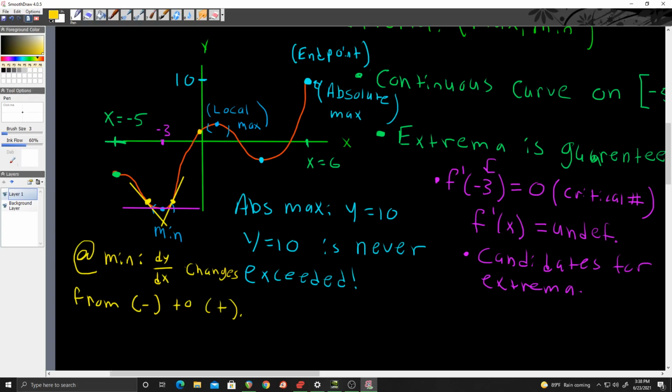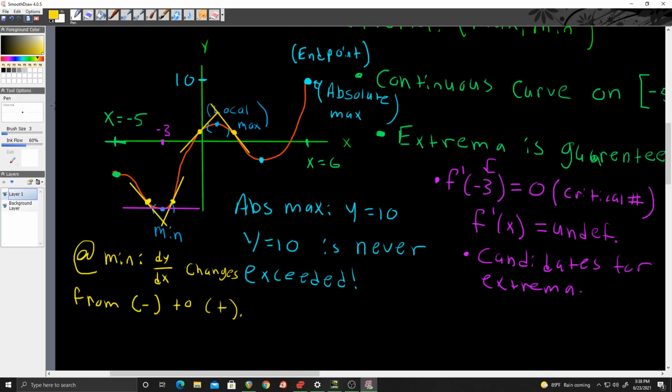And just like we said a little bit ago, an increasing function is going to have a positive slope. And look to the right of the maximum. To the right of the maximum, the slope is negative. It's the reverse of this situation here. Here we go from negative to positive. Here we go from positive to negative.